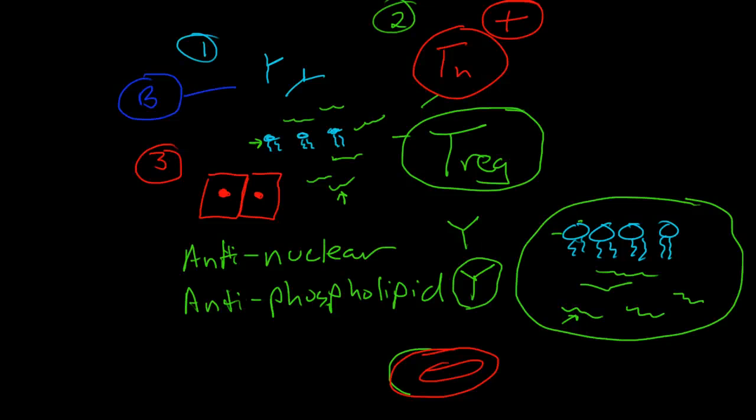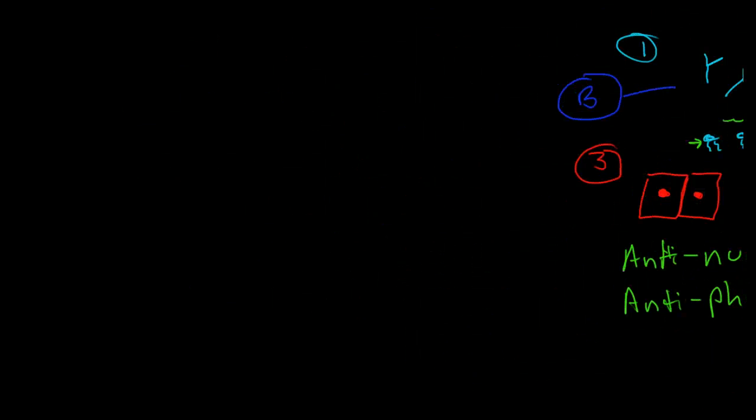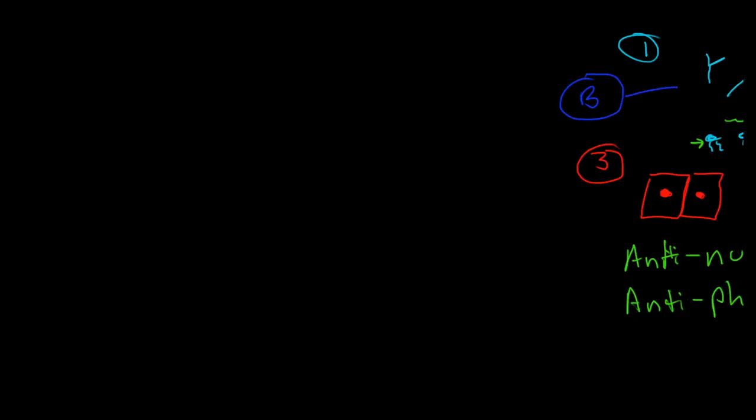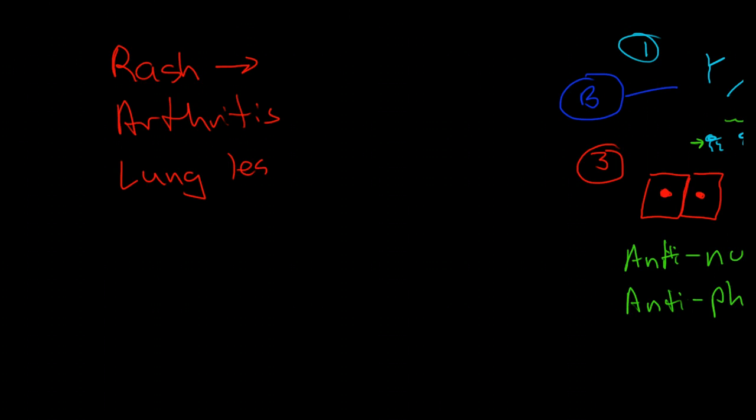It can directly attack the joints. So the common manifestations of systemic lupus is rash, and that's due to inflammation in the skin, obviously, arthritis, lung lesions, Raynaud's disease.